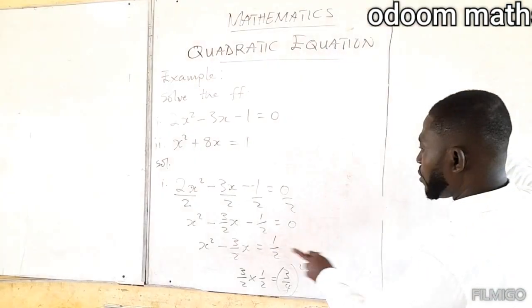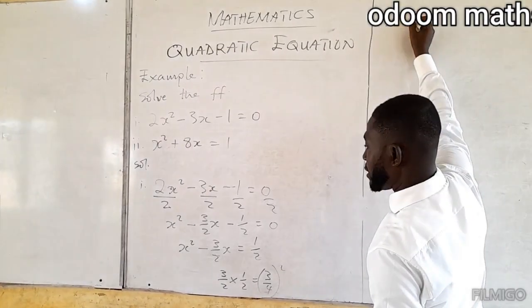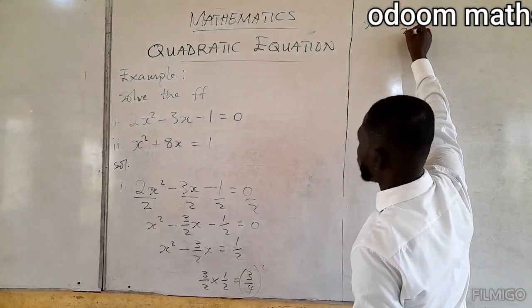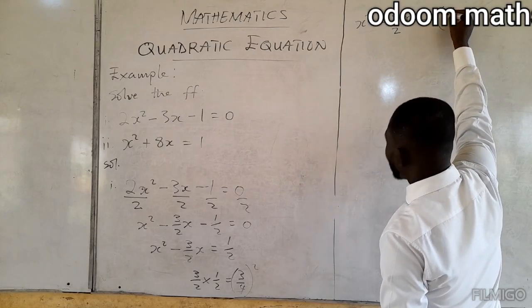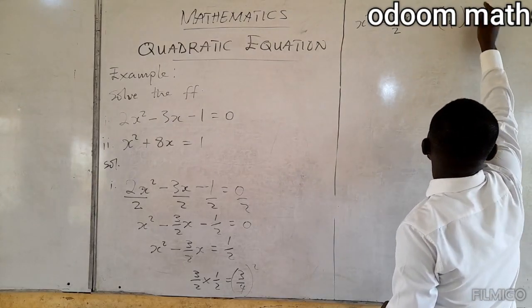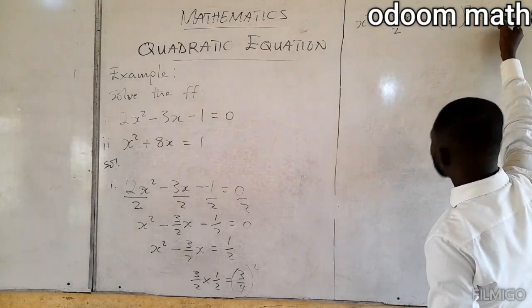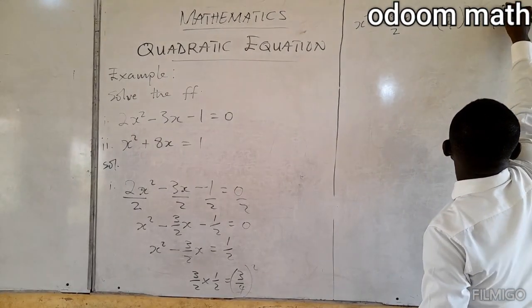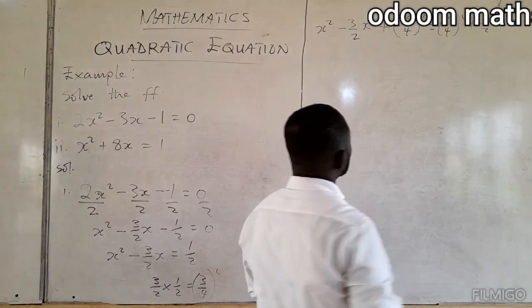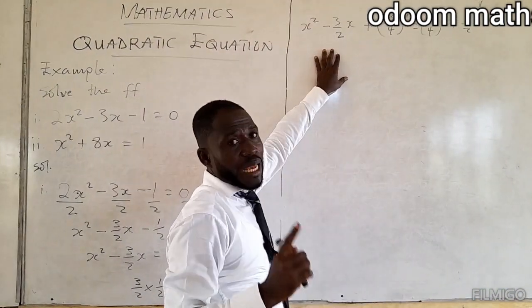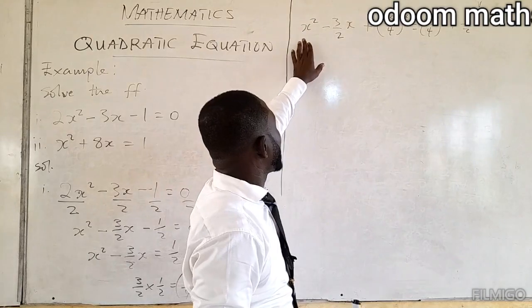So the equation is x squared minus 3 over 2 x plus, in brackets, 3 over 4 all squared, equals 3 over 4 squared plus 1 over 2. Now, like we did earlier, we are going to do selection.